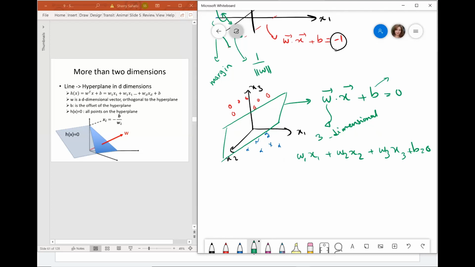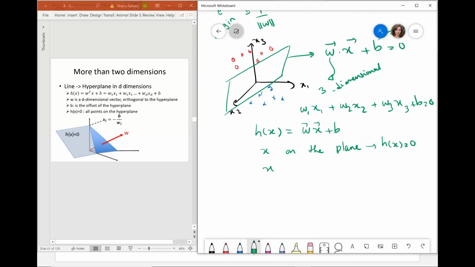All the points that are on this hyperplane have this equation wx plus b is equal to 0. So if we call h of x, for each data point x, we can calculate this function h of x, wx plus b. For x on the plane, we have h of x is 0. For the x on one side, we have h of x being larger than 0.